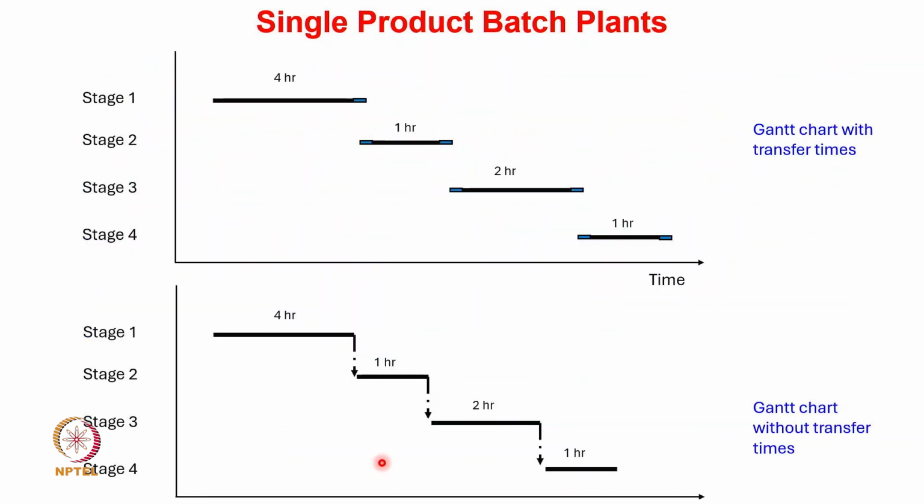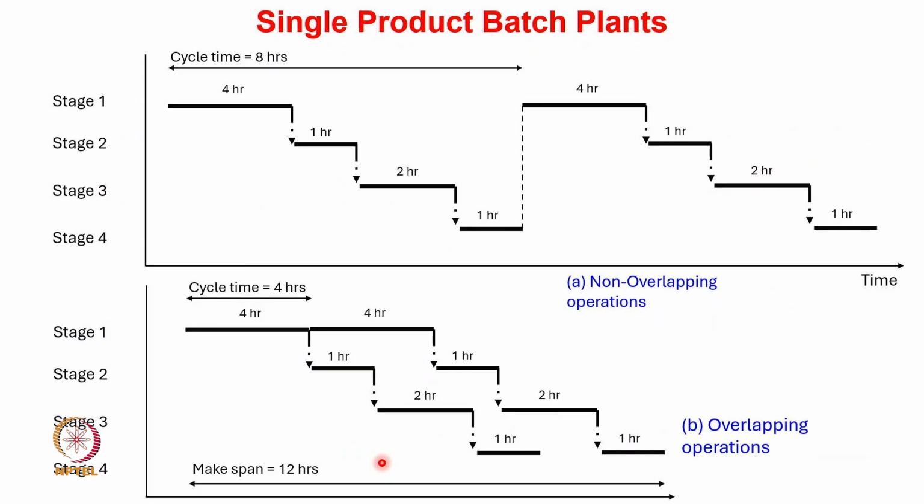Clearly the highest processing time is required in the reactor, that is stage 1. So this particular stage represents the bottleneck, isn't it? If we optimize our entire process with respect to this particular stage, then we can have the efficient operation.